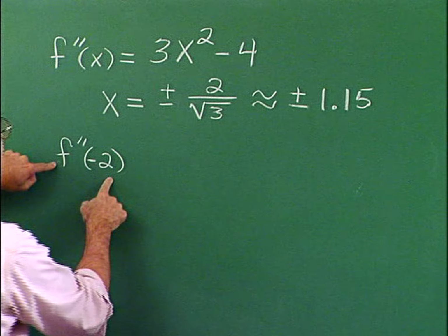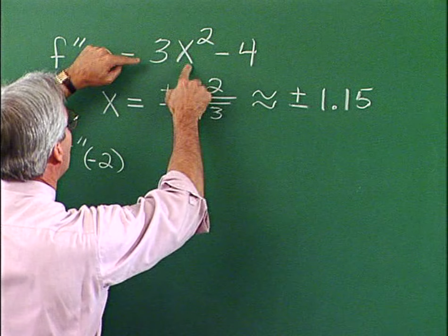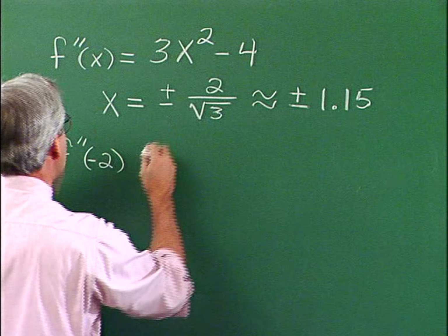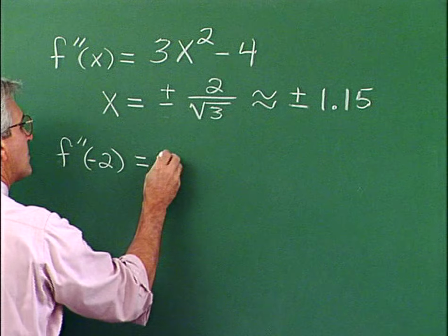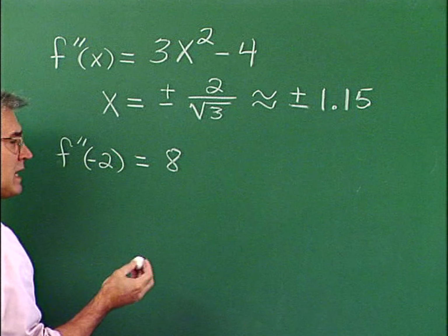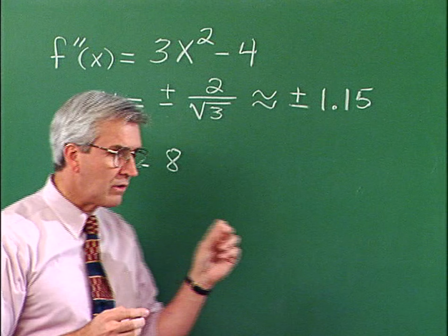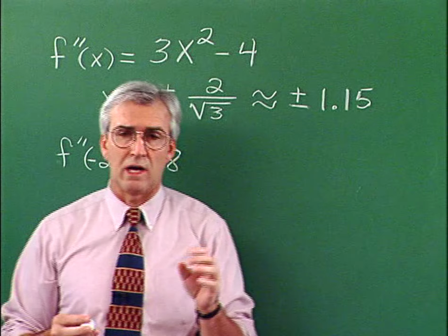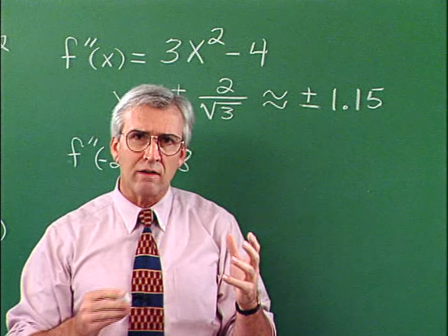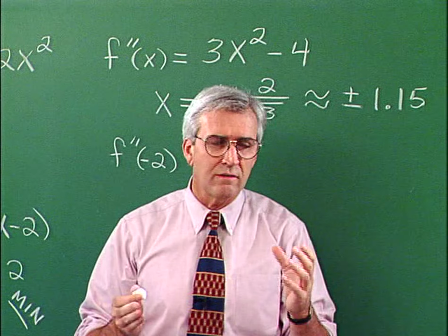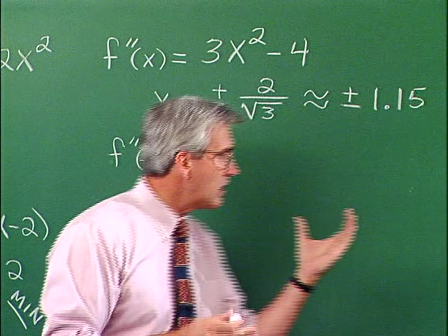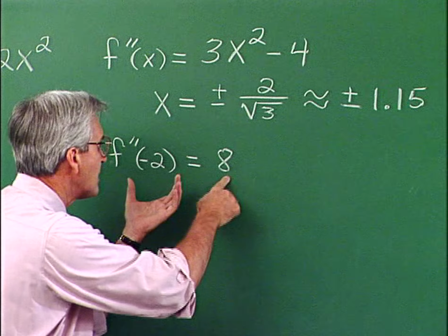Well, let's see, -2 squared, that's 4. 12 minus 4, that's 8. So this turns out to be 8, which means that it's positive, which means that we're in an interval where all of the values are positive, which means that we're concave up. This guy is a minimum.